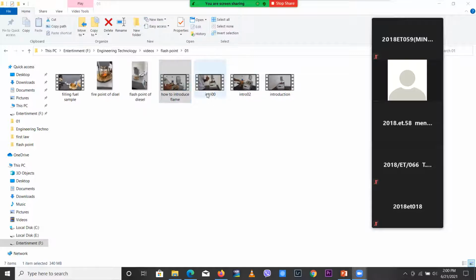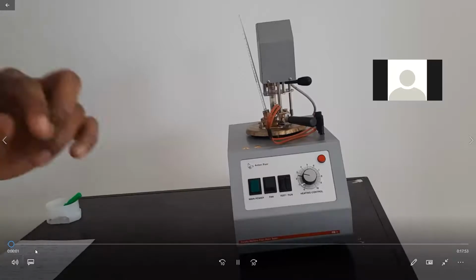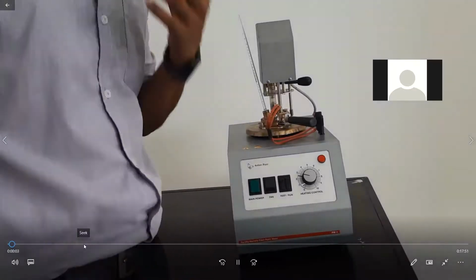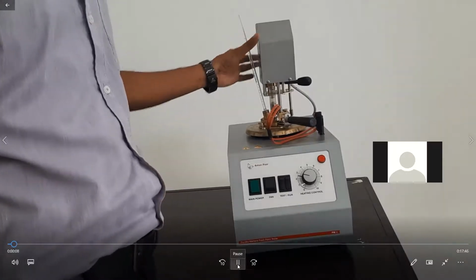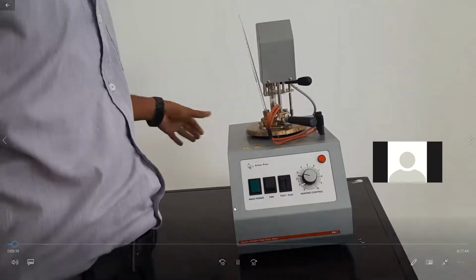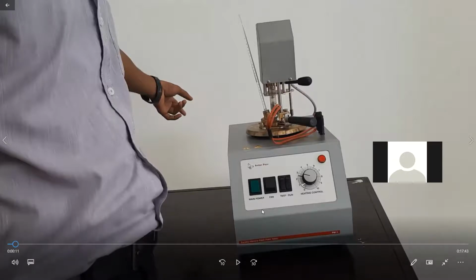Now we start the testing. We have already loaded the sample and fixed the thermometer and everything, and we can start now. So we have to supply the power.